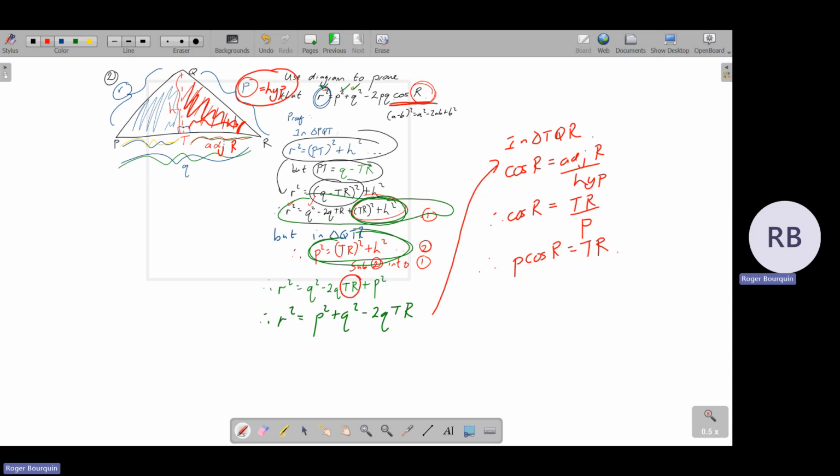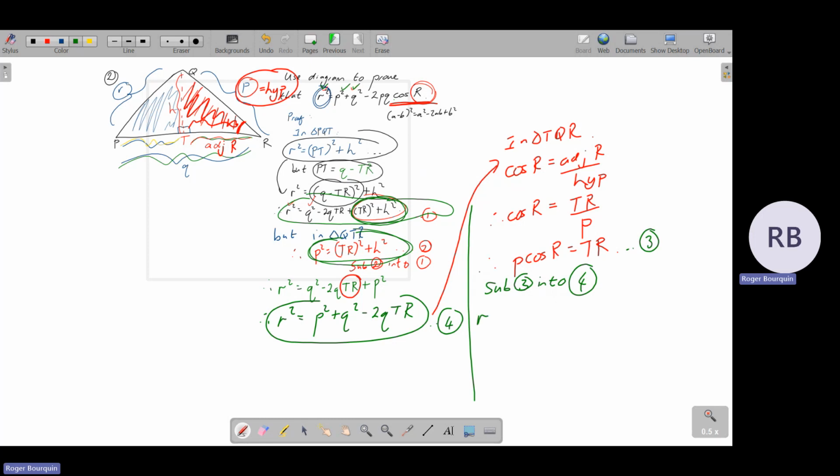So let's call this equation 3, and that's 4. If I substitute 3 into 4, I can replace the TR.